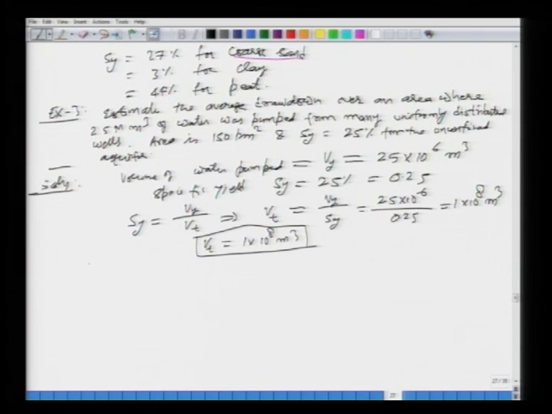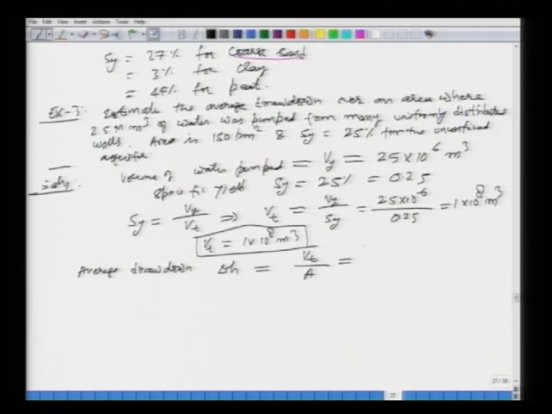Now, the average water drop, or average drawdown, delta H, over the entire area will be equal to this total volume divided by the areal extent, isn't it?